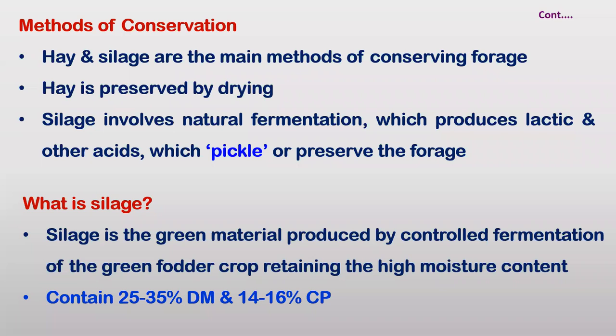You must remember that silage contains 25 to 35% dry matter. If you subtract 25 to 35% from 100, that is the moisture content of the silage. And the CP content of the silage should be 14 to 16%.